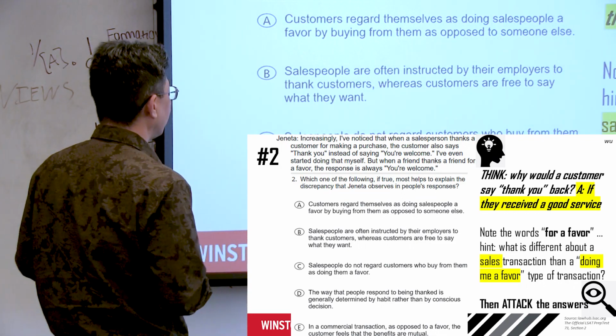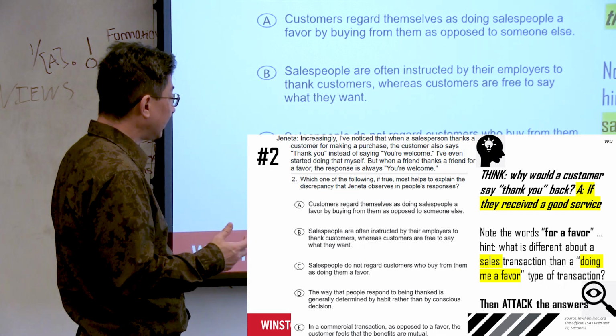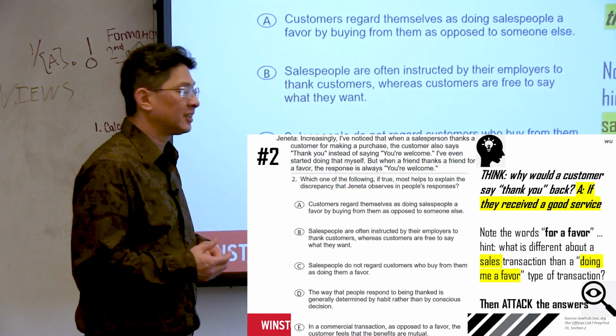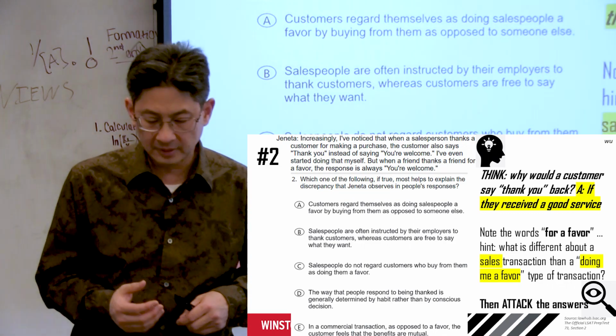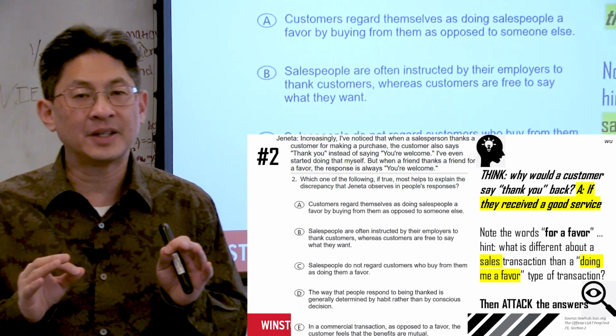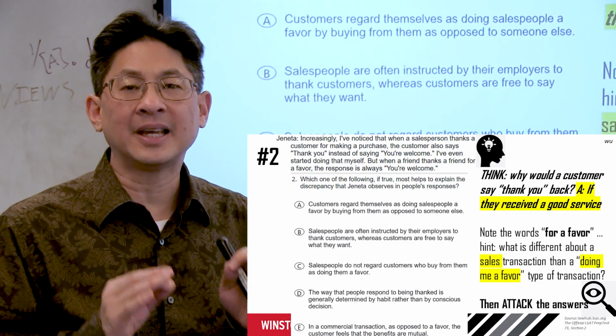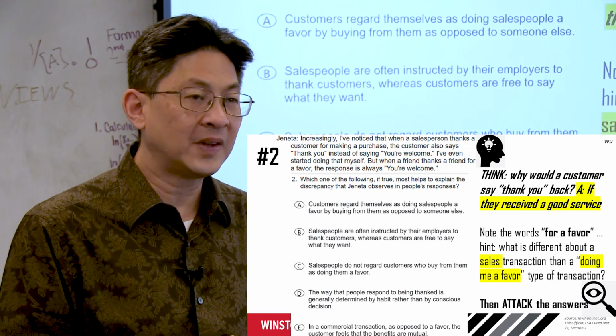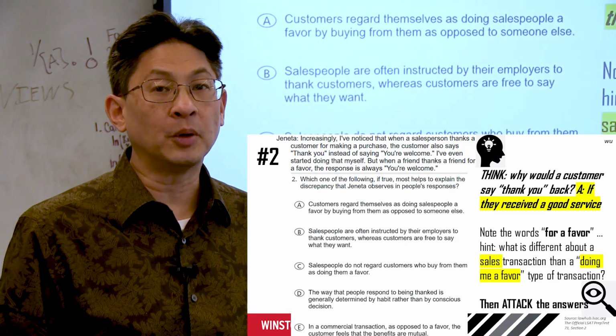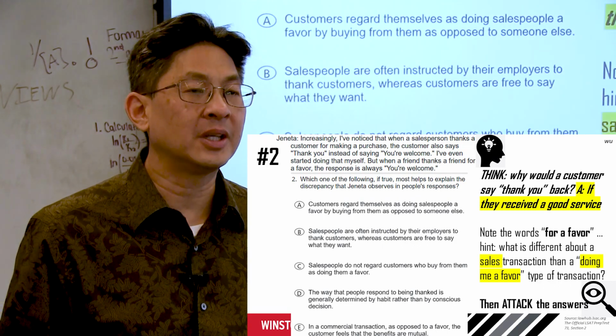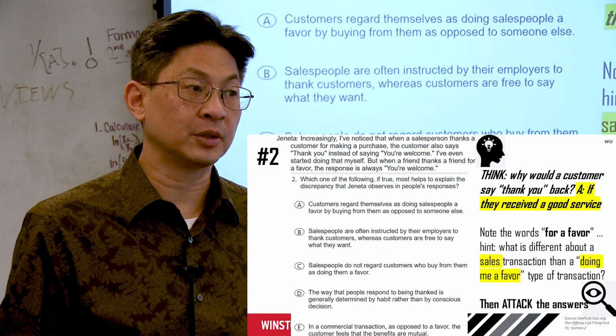B says salespeople are often instructed by their employers to thank customers, whereas customers are free to say what they want. Now, B is very tricky because it is that classic answer choice, which makes you feel like you've spoken a truism. It's the, hey, that sounds true option.